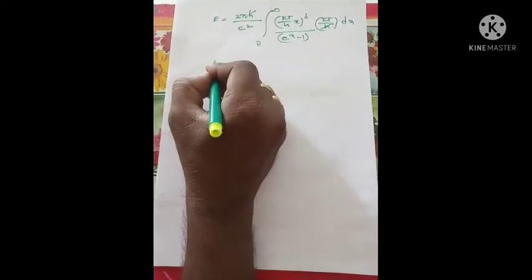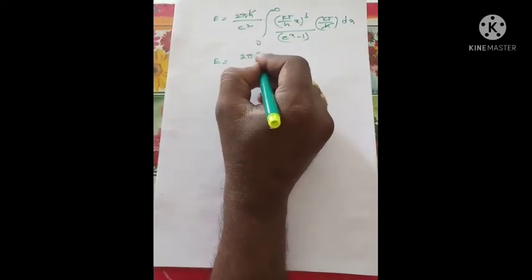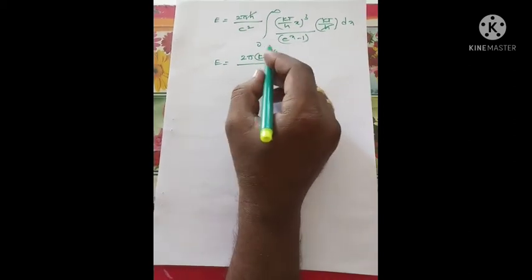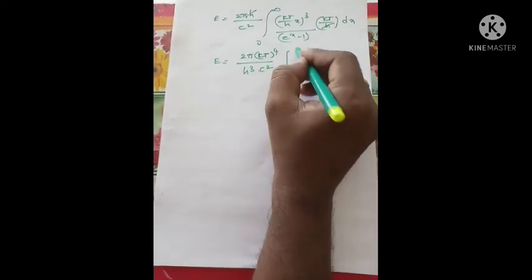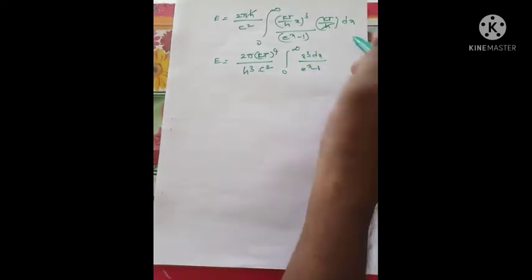Here h cancels, and finally we have 2 pi kT to the power of 4 by h cube c square, integral 0 to infinity x cube dx by e to the power of x minus 1.